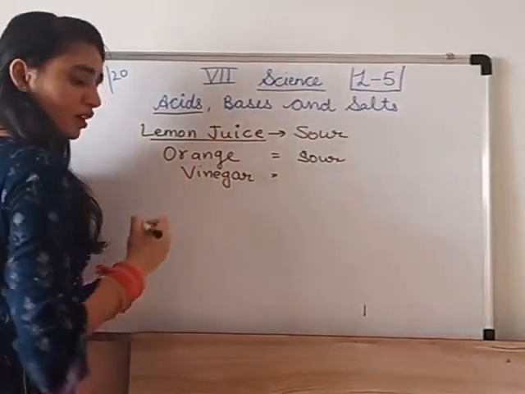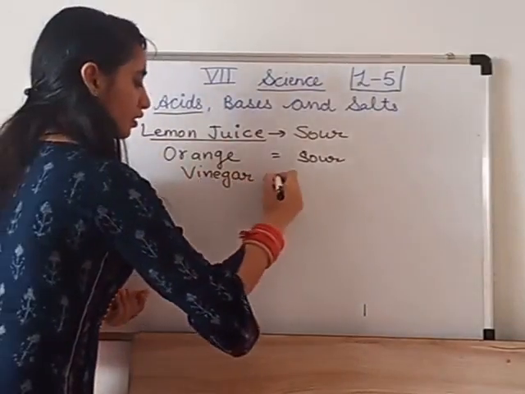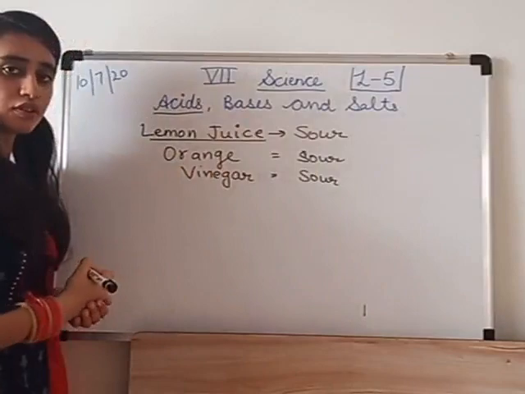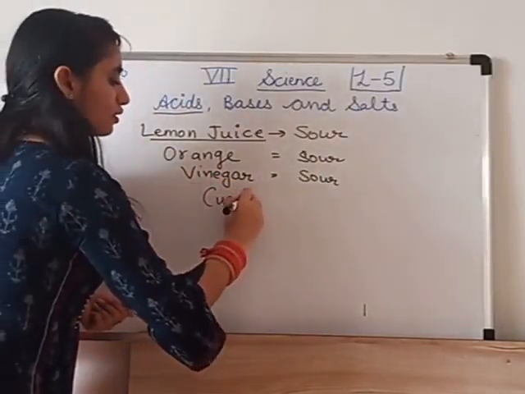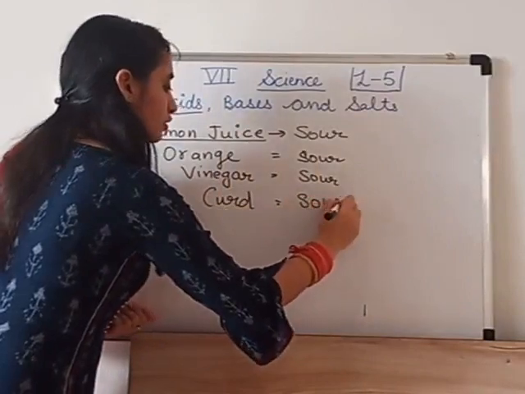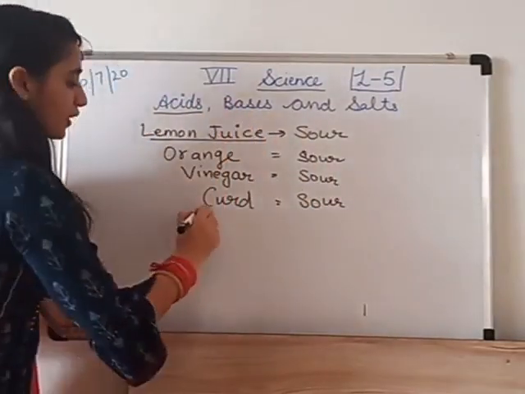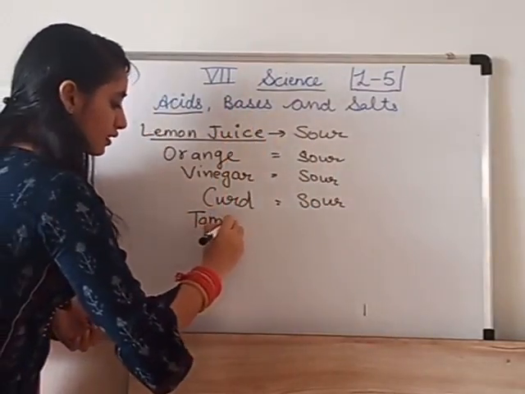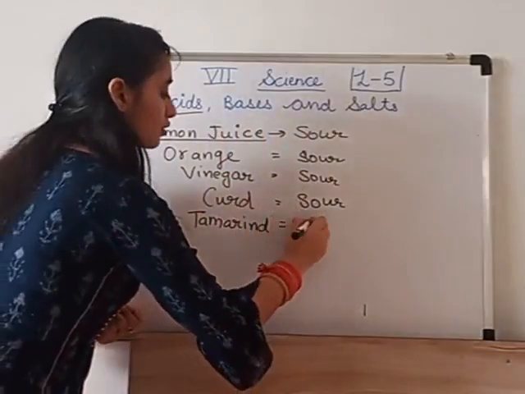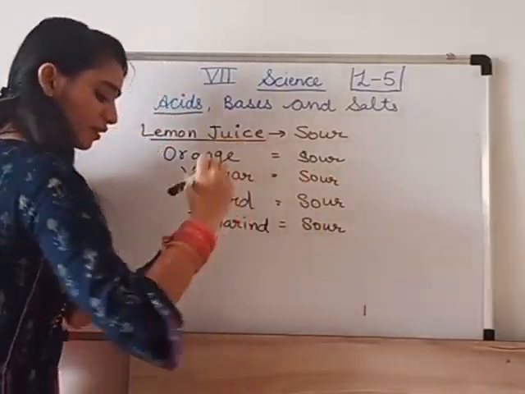Vinegar, we use in our home also. Vinegar is also sour in taste. Curd, means dahi, is also sour in taste. Next is tamarind, means imli, that is also sour in taste.